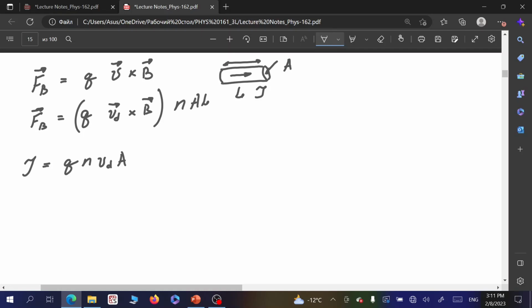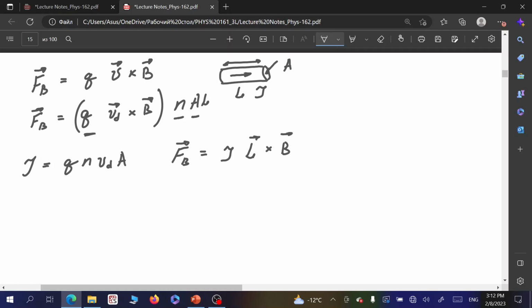Now we see that here we have Q, here we have N and A. So we can rearrange this and write that the magnetic force vector exerted on the segment of this conductor with current I will be equal to magnitude of electric current I times L vector times B vector.